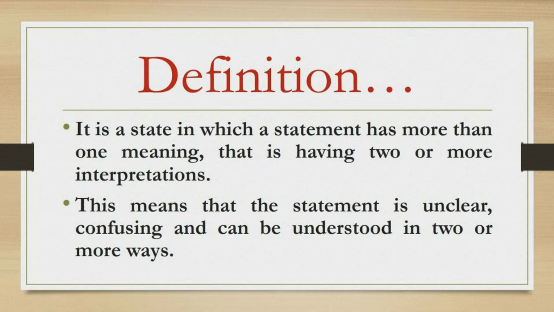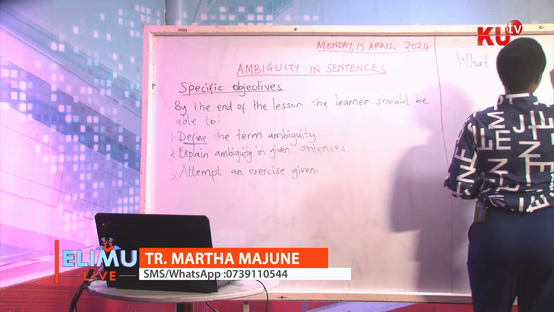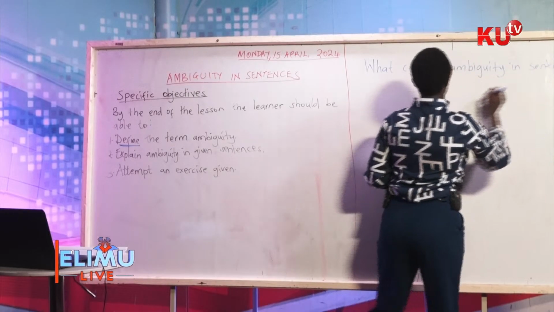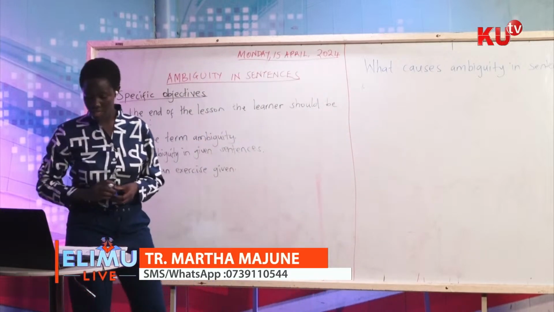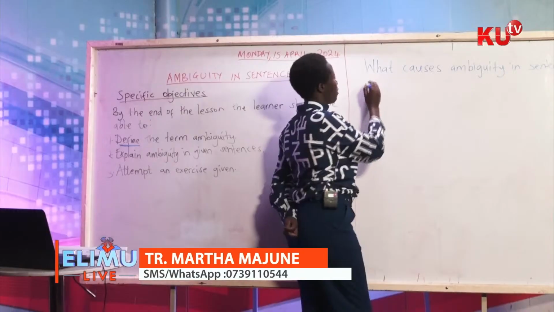So I want us to look at the causes of ambiguity in sentences. What causes ambiguity in sentences? So the first thing that makes the sentence to be ambiguous is punctuation marks like a comma.